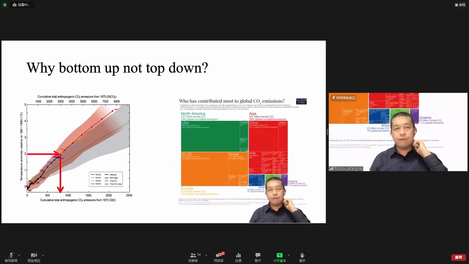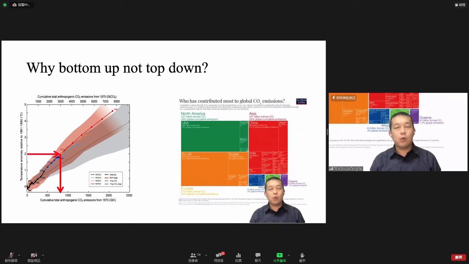You have seen this figure from the lecture by Professor Luo Yong that generally there is a linear relationship between the temperature rise and the cumulative emission we can emit to the atmosphere. We call it the carbon budget, which means we can only emit limited emission to the atmosphere.